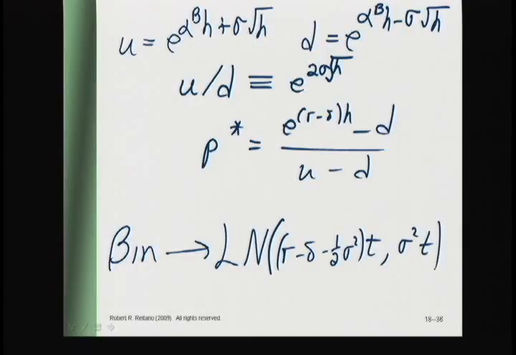Even though we start with different u's and d's, because the p star also varies in those earlier models, as the time interval in the lattice gets smaller, all of these binomial models converge to the same distribution of stock prices, namely the distribution which is lognormal. And now notice that I have an r here. As I mentioned earlier, in all of our lognormal modeling, we expect to see an r, not an alpha. And all of the alpha binomials reflected r, not alpha, and they converge to a lognormal that reflects r, not alpha.